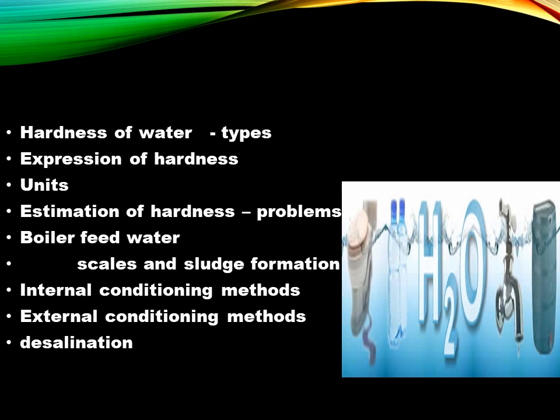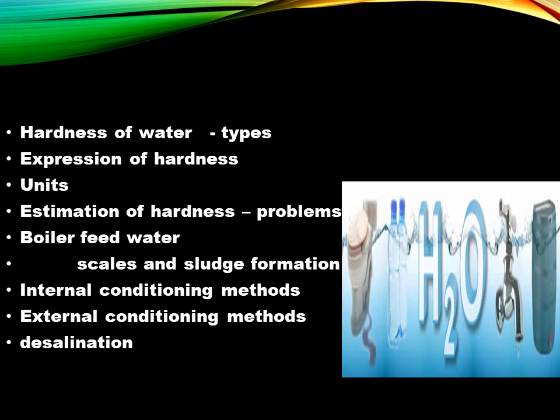What are the types of water? There are two different types. One is hard water and another one is soft water. So in this part of the video, we are going to see the hardness of water, types as hard water and soft water. How do we express the hardness? What are the units of hardness? Estimation of hardness, problems.